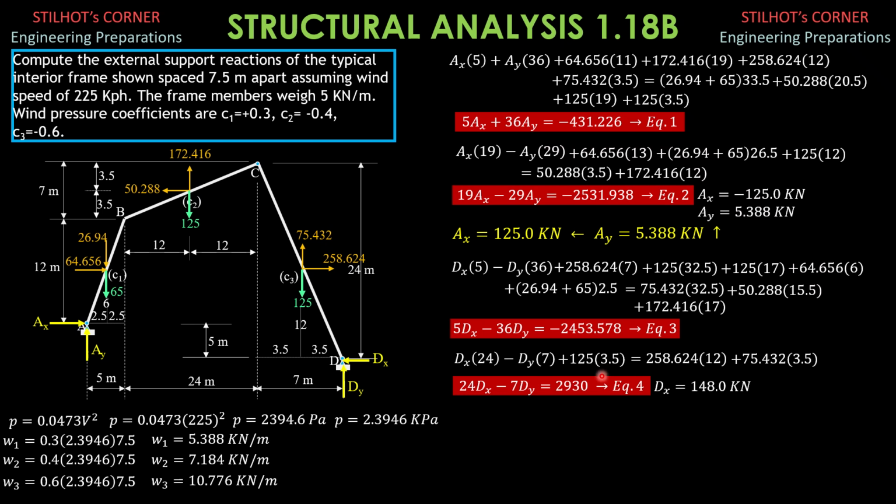So simplifying, 24DX minus 7DY is equal to 2930. Equation 4. Solving equations 3 and 4 simultaneously, we get DX equals 148.0 kilonewtons, DY equals 88.70 kilonewtons. So DX is correct, 148 kilonewtons leftward, and DY is correct, 88.7 kilonewtons upward.